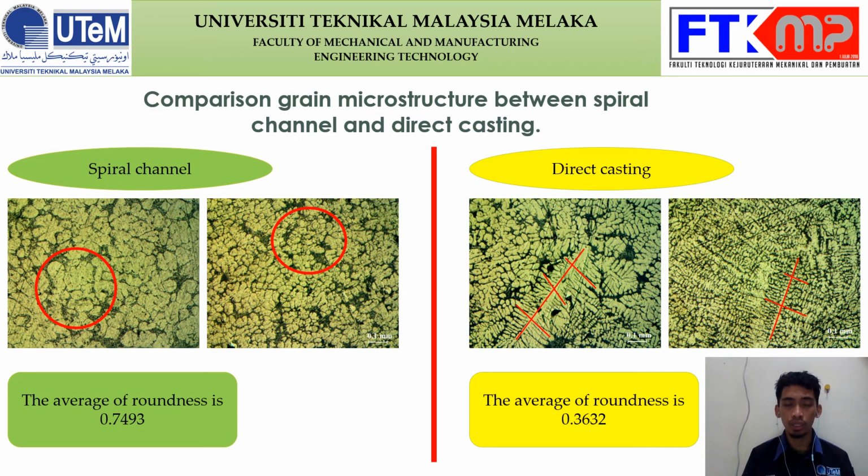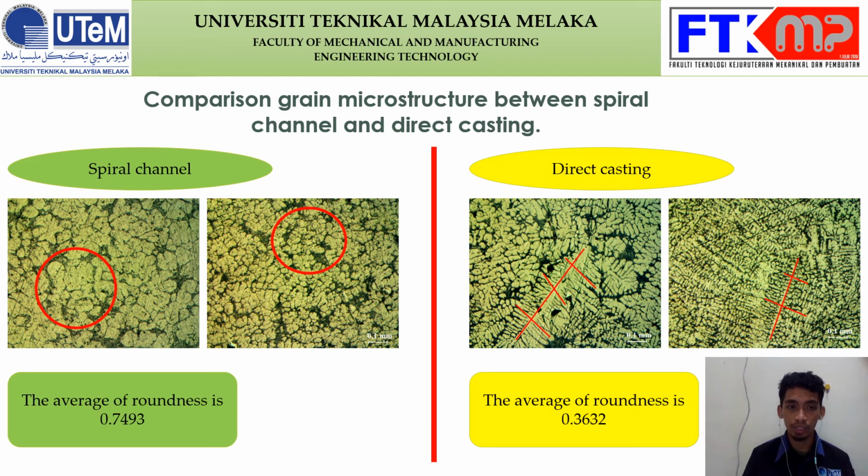Okay, for this slide, I will talk about the comparison of grain microstructure between the spiral channel and direct casting. As you can see, this picture was taken from optical microscopy with iSolution DT software.